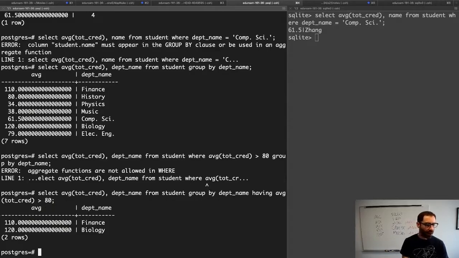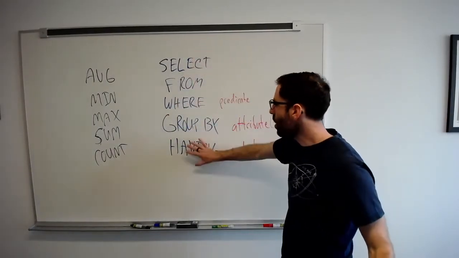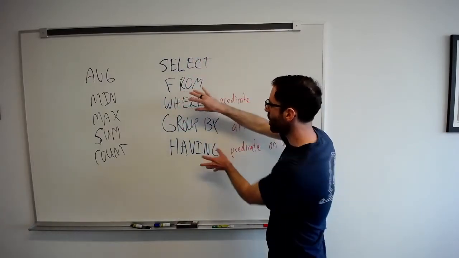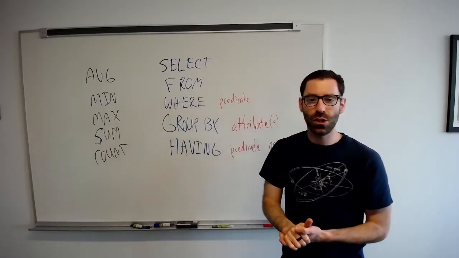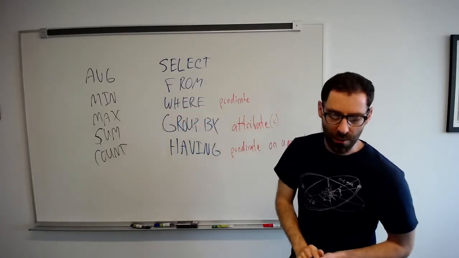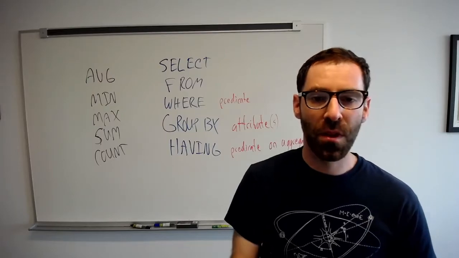So we've now gone from 3 to 5 major clauses, and as we've seen, we don't have to use them all. We can use them in different combinations, though having only makes sense if we have a group by, since it applies to grouped things.